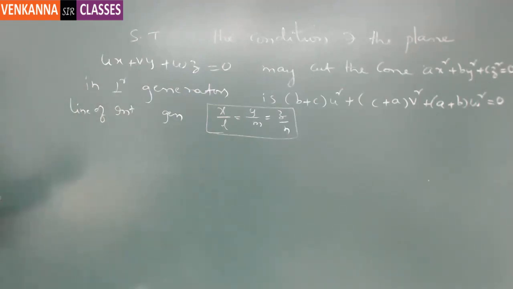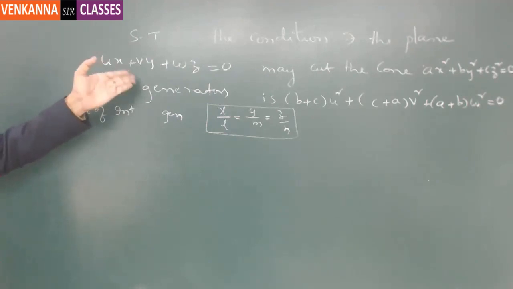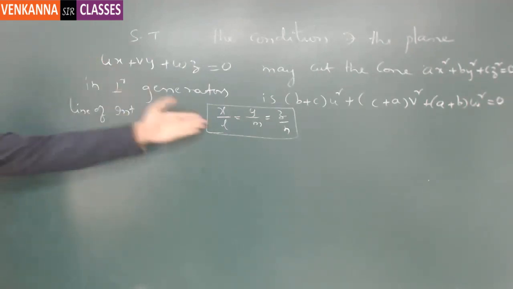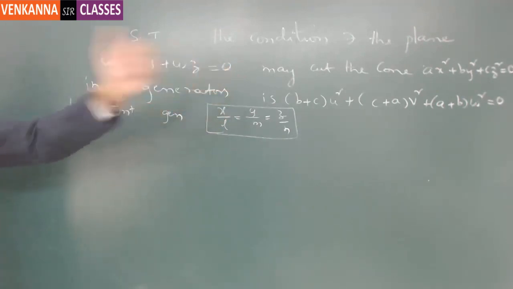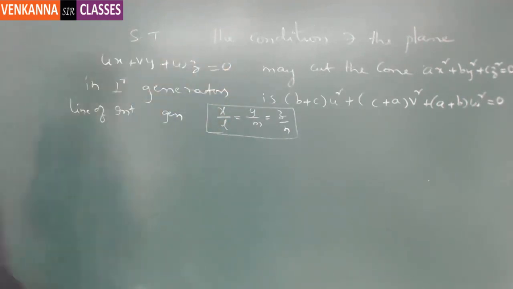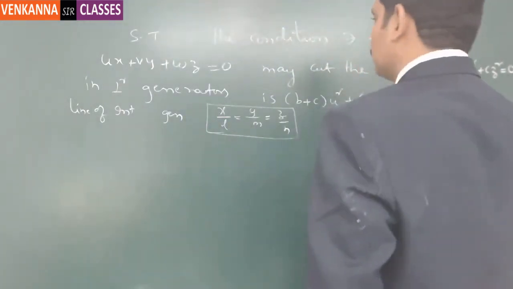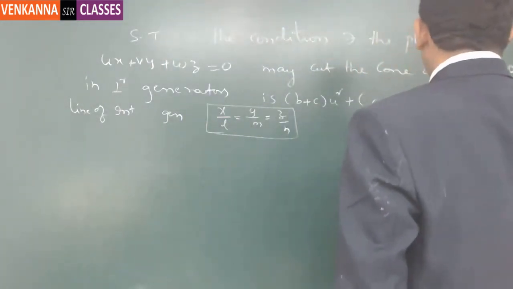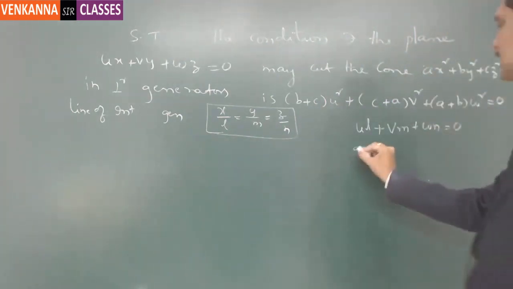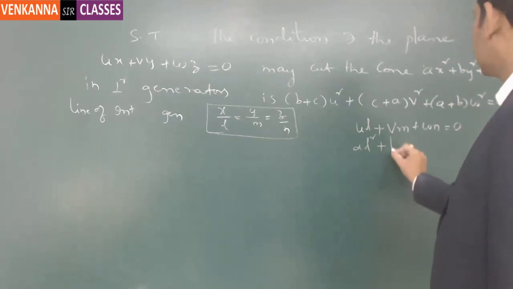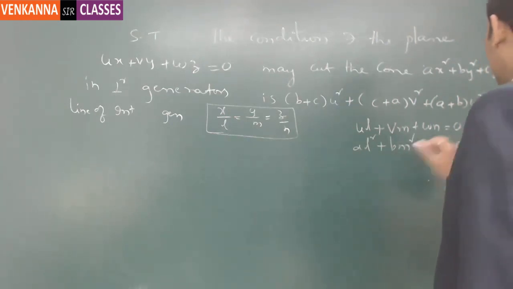As usual, we can apply the perpendicularity condition for the plane DRs, and the generator element values will satisfy the cone equation. So you can say that UL plus VM plus WN equal to 0. That is one. And the other one is AL square plus BM square plus CN square equal to 0.